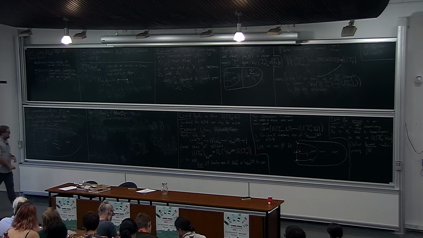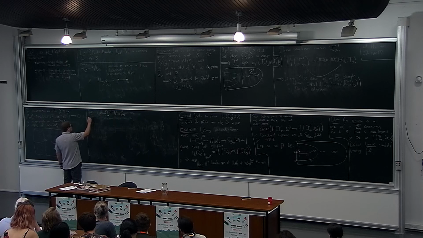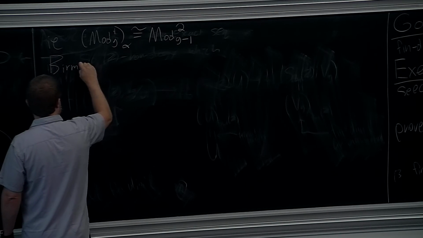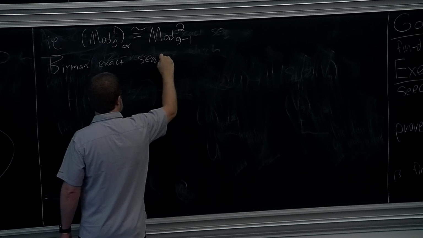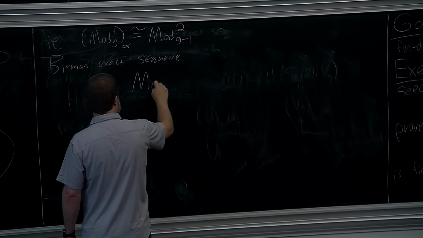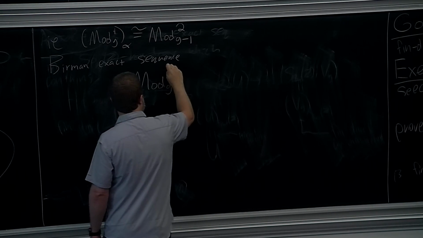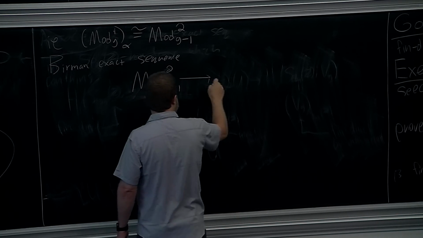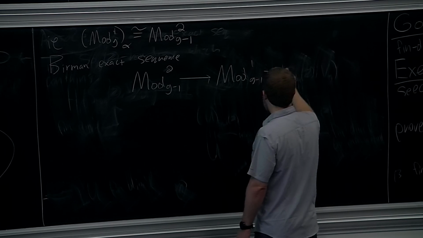And so if you know the Birman exact sequence, or some version of it, it gives something like the following. We have Mod(G-1, 2), and there's a map that goes to Mod(G-1, 1).